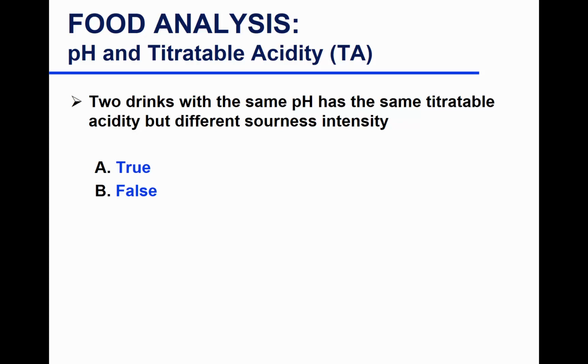No. You could have 2 drinks, same pH, different titratable acidity and different sourness. Titratable acidity is the total concentration of your acid, whether it is dissociated or not dissociated. So false.